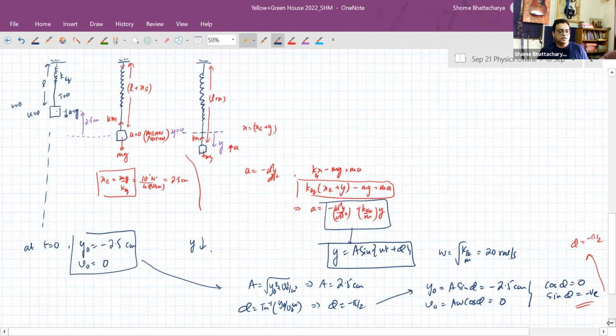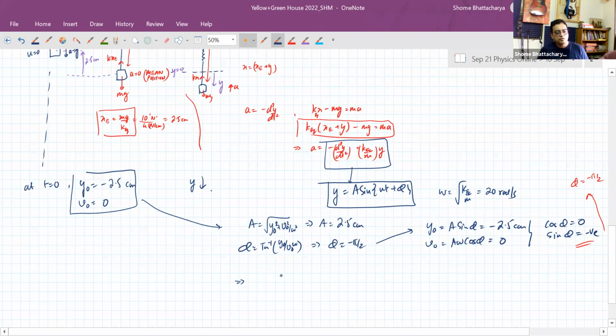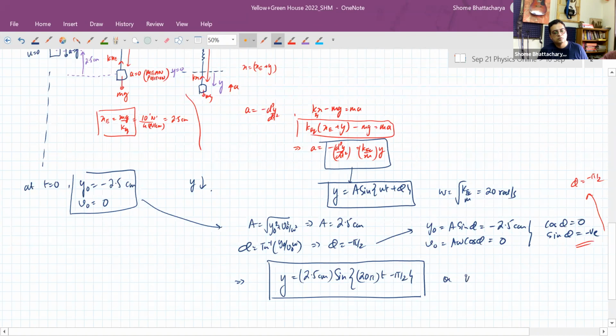So y as a function of time will become 2.5 centimeters sine of 20t minus pi by 2, or minus A cos omega t, where omega is not 20 pi but 20.